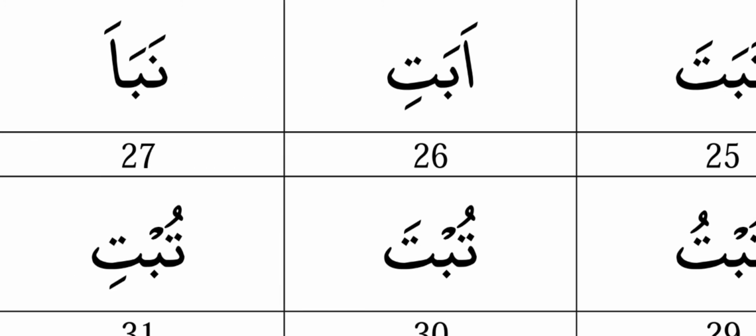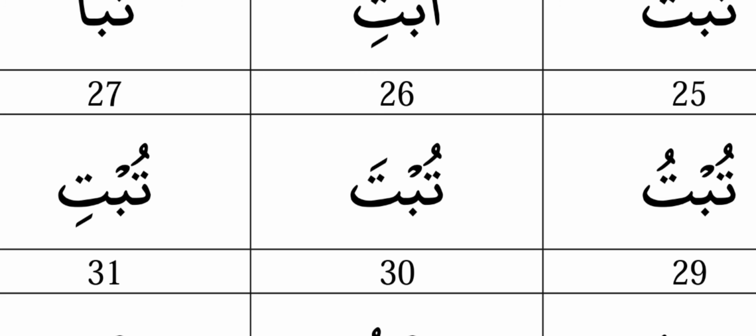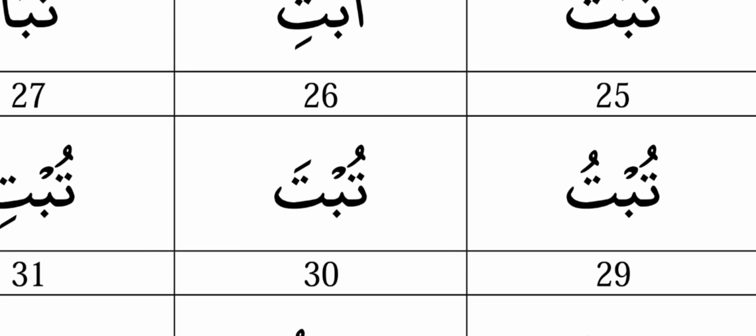Then from 25 onwards, 25 is tubtu. Again, we have the ba with the sukoon, so that ba will be read with qalqala, a bit of a jerk.